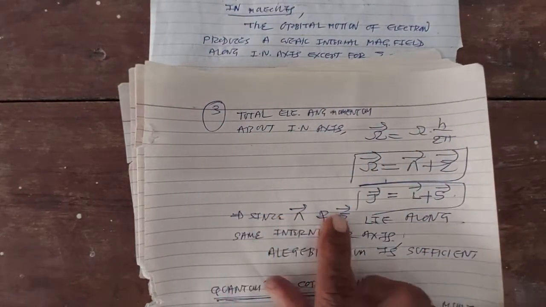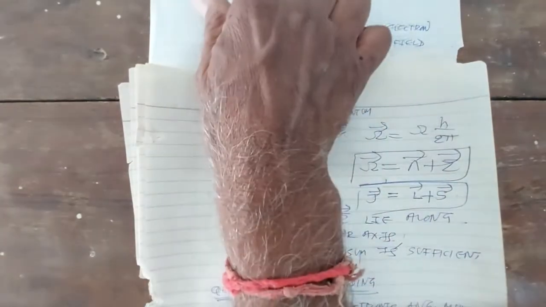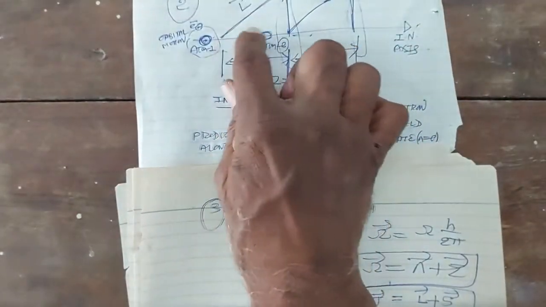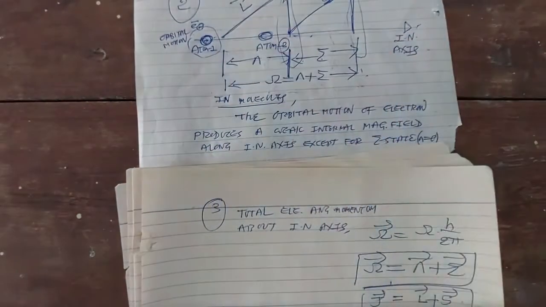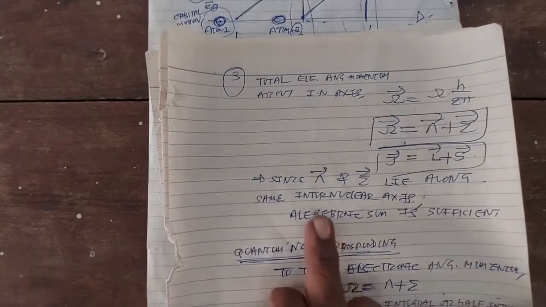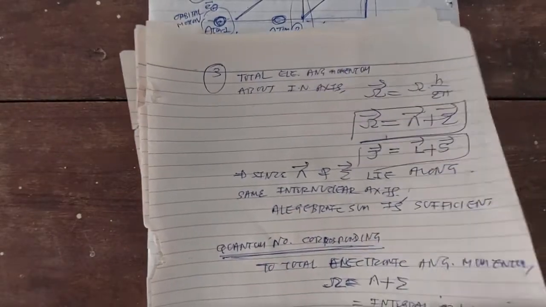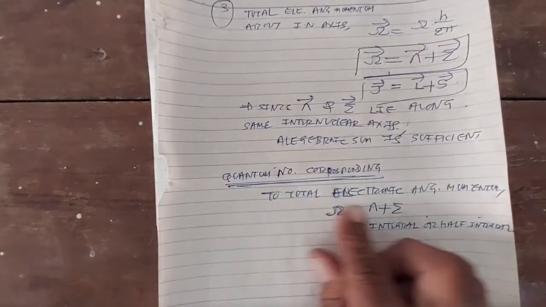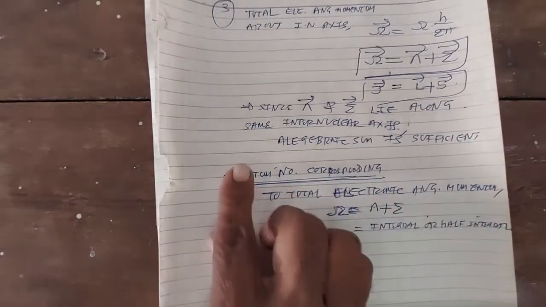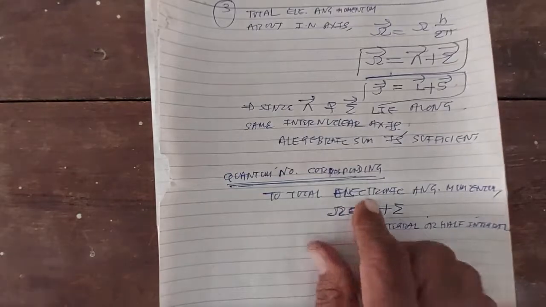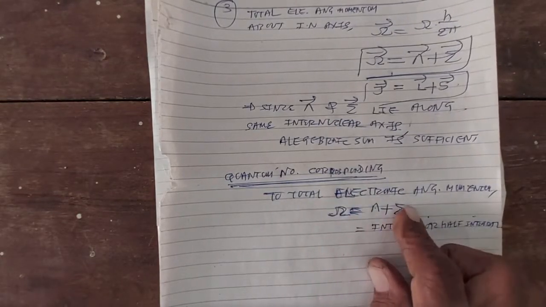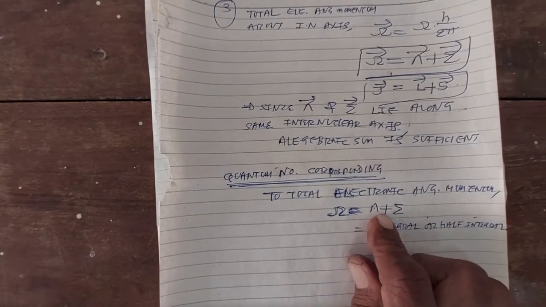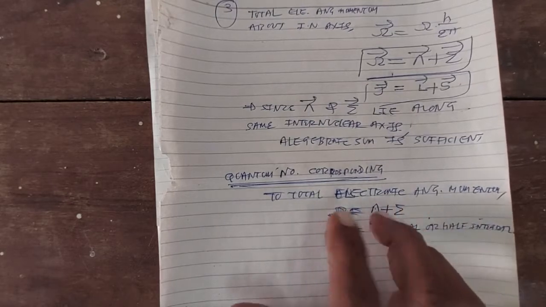Since lambda and sigma both lie in the same direction, the internuclear axis, the algebraic sum is sufficient, right? And the quantum number corresponding to the total electronic angular momentum of the molecule is nothing but lambda plus sigma, denoted by the quantum number omega.